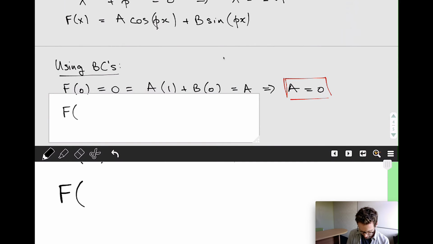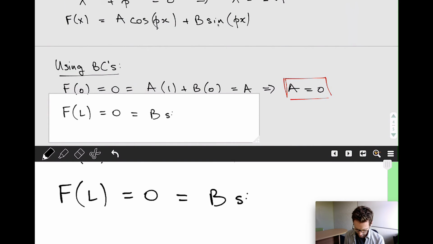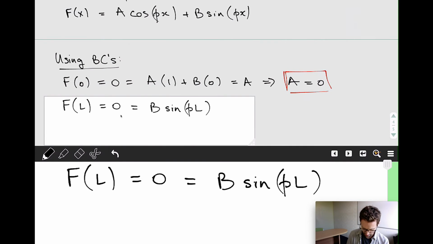So what about the boundary condition at x is equal to L? a is equal to 0, so I don't have to worry about this part. What about b? Well, I have b sine p times L. So once again, I've got something times something is equal to 0, which means that one of those things has to be 0.